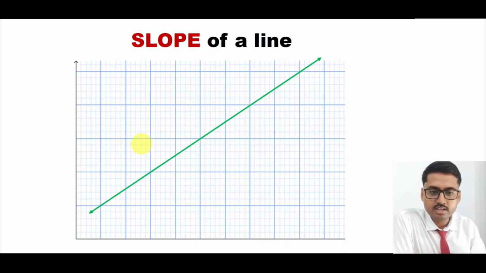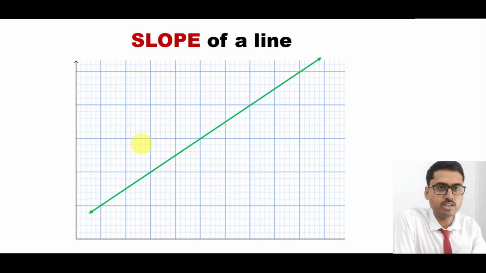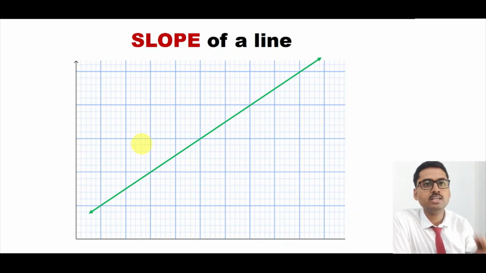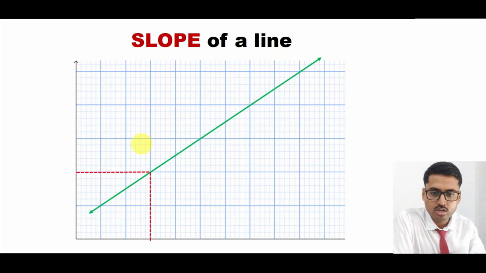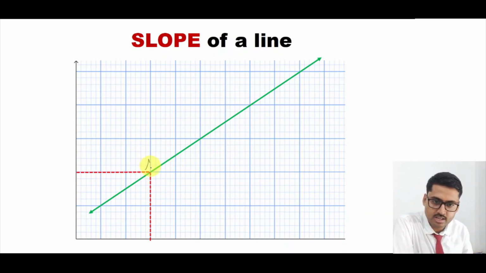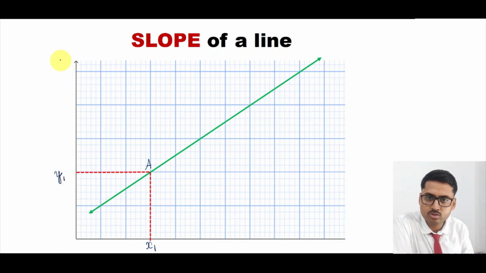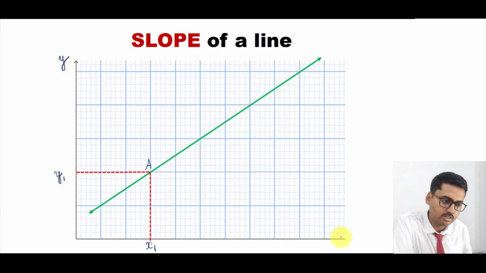Let us take any 2 points, not a single point, but this time we will take any 2 points over here. The first point I am calling A, and the corresponding value on the x-axis I am calling x1, and the value in y I am calling y1. So let us say this is the y-axis and this is the x-axis.